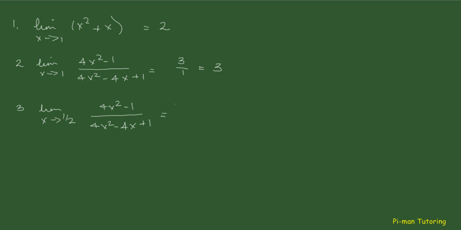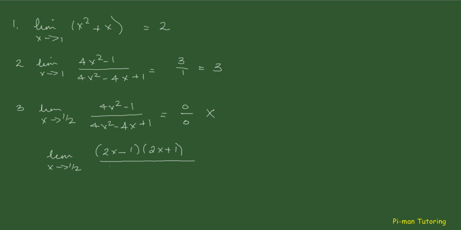And when we do the substitution here, we'll end up with our old friend 0 over 0, which is no good to us. So step 2 is, can we factorize? And indeed we can. So we're left with the limit as x tends to 1/2 of, factorize this, we get 2x minus 1, 2x plus 1, because that top expression is a difference of squares.